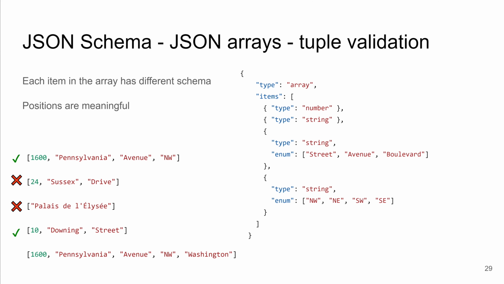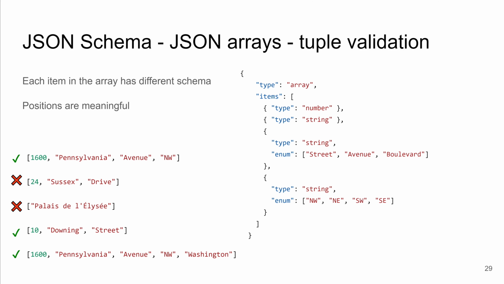And it is also fine to add another item to the end of the array, because there we do not say anything about the rest of the items. We only speak about the first, second, third, and the fourth item. We can know that the schema will use tuple validation because the value of the items key is an array.